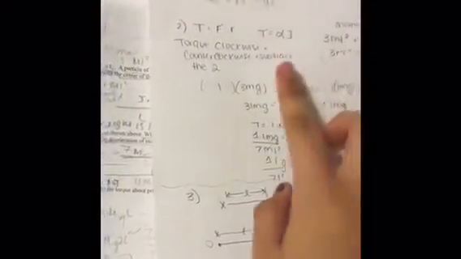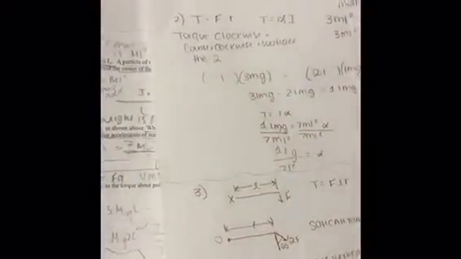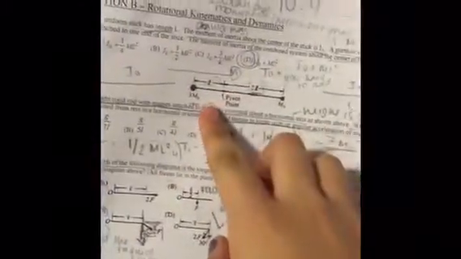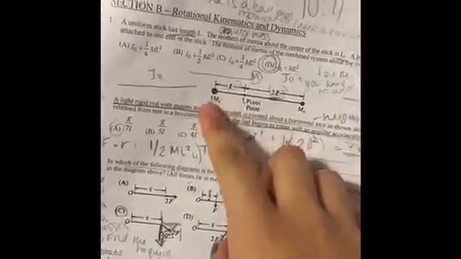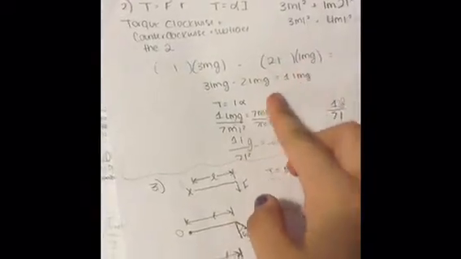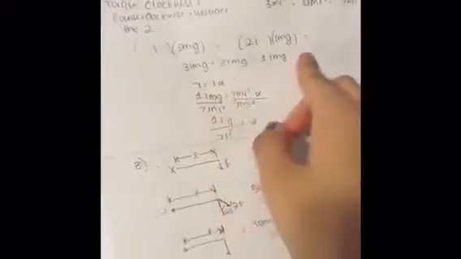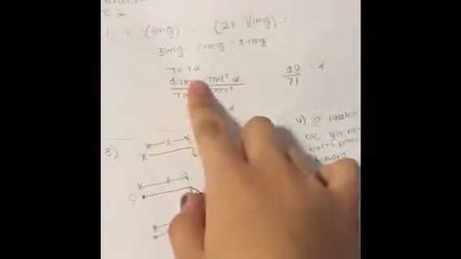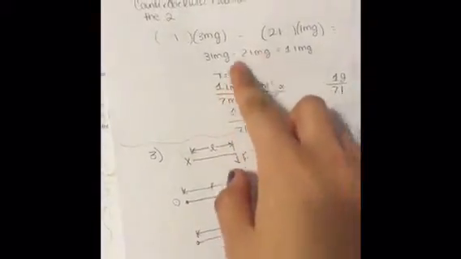And then to find the torque, it's 3 times the length, because that's the I and the L, times 2 times L, so you'd get 1, because 3 minus 2 is 1. And then torque equals I alpha.